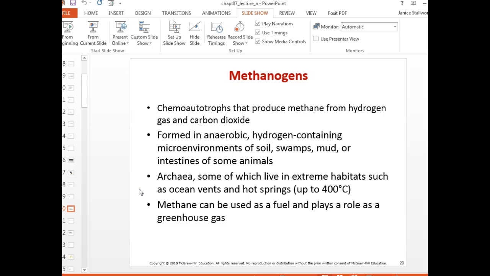What are methanogens? They are chemoautotrophs that produce methane gas from hydrogen gas and carbon dioxide. They are formed in anaerobic, hydrogen-containing microenvironments of soil, swamps, mud, or intestines of some animals.